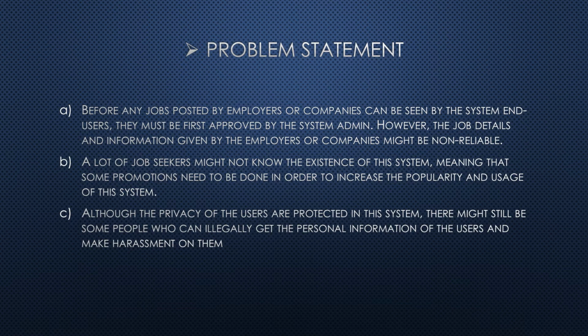So even if the employers or companies wrote a wrong contact number or a wrong location, the system admin also approves it. So when the users, the job applicants, look at the job details, they also get the wrong information. So this might cause some problems.